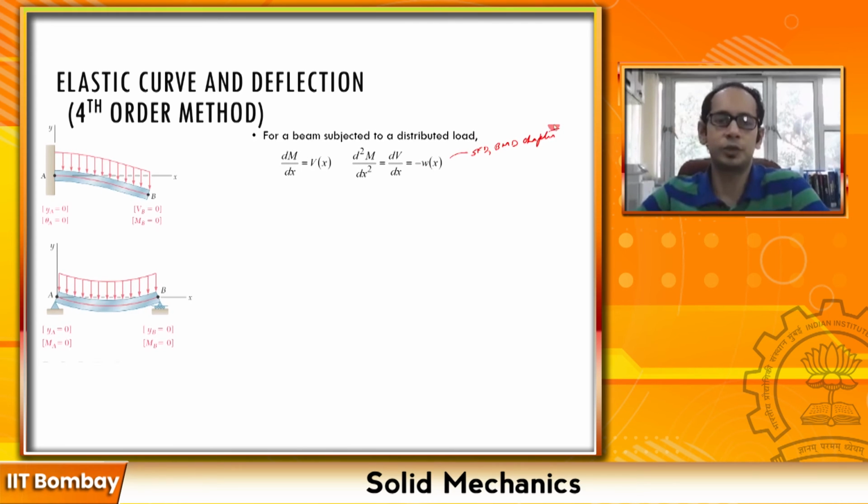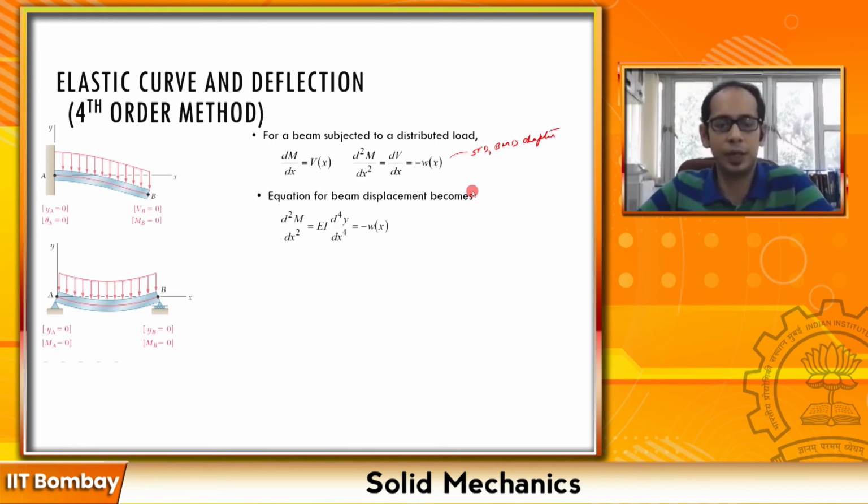So going from this one, you know one relationship that we have, that EI d square y by dx square equals M, which we have seen already in the second order method.